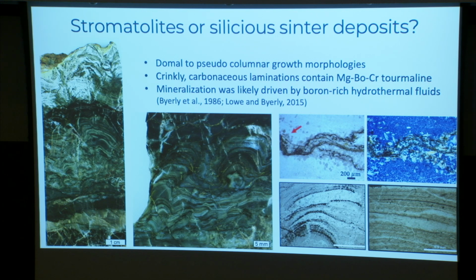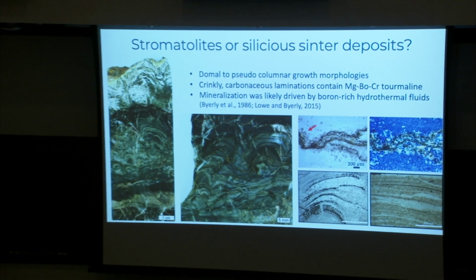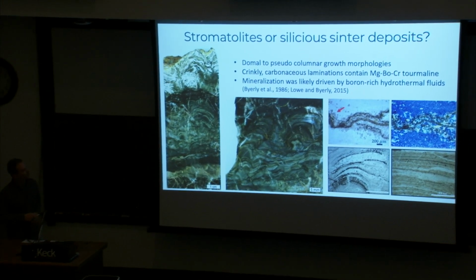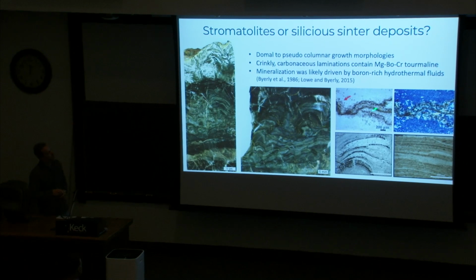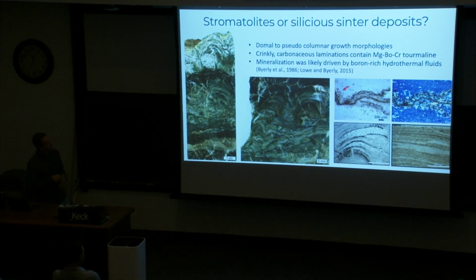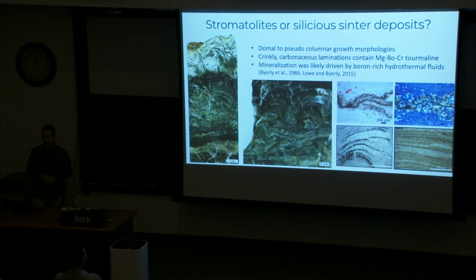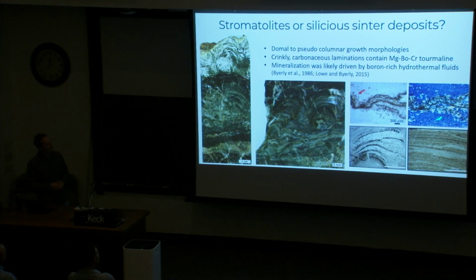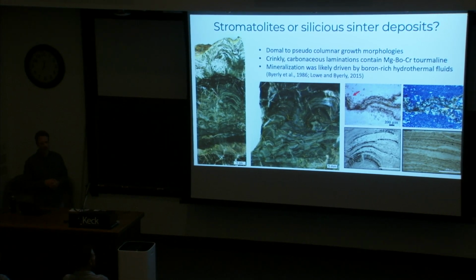And I don't know if Frank is still here, but of course, once again, it's only morphology, so we don't want to confuse that with an abiogenic structure. If you have a look at the thin section, you see that these crinkly organic-rich laminations are often overgrown by idiomorphic tourmaline minerals.